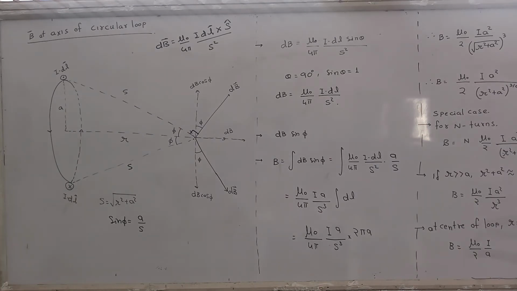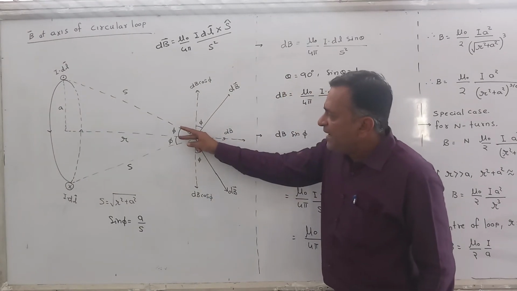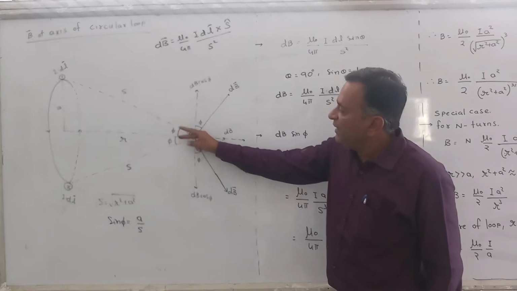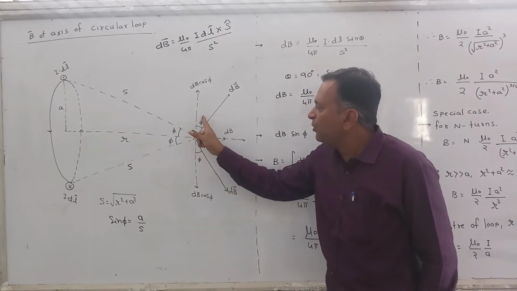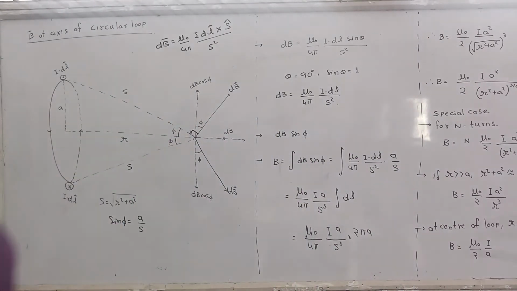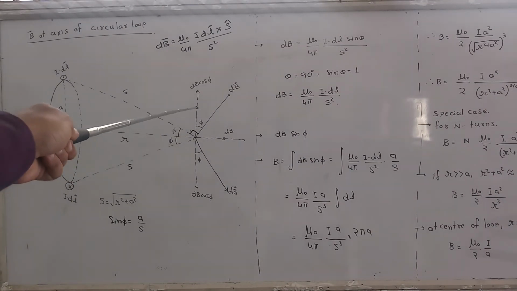Let me just show you this also. This is phi, the angle between my two fingers. If I turn them, the angle again remains equal to phi. So now this angle is equal to phi.